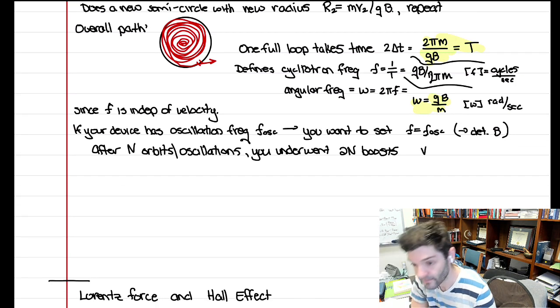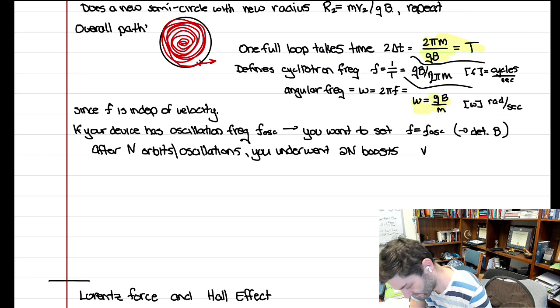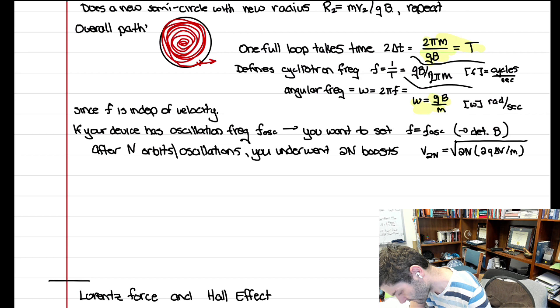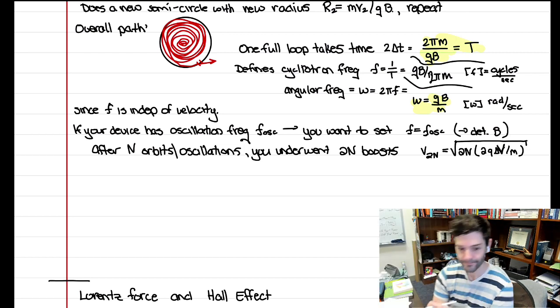And your velocity in that case, after 2n boosts, is then just the square root of 2n times 2q delta V over m, where this is capital V, potential V.